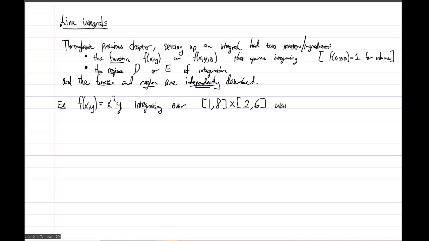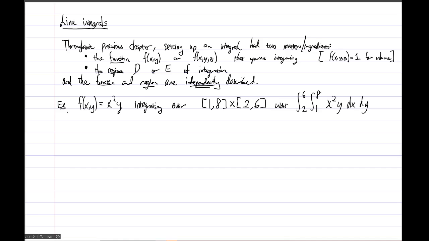So there's a function part, there's the region. They both have to be described, and neither has to relate to the other, right? So this was the integral from 2 to 6 of the integral from 1 to 8 of x squared y dx dy.